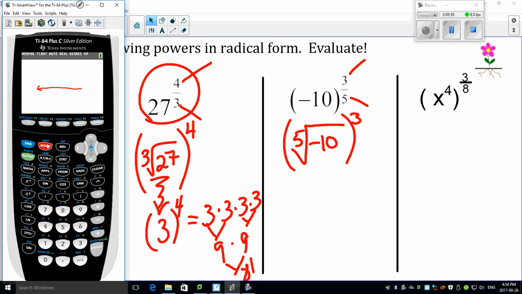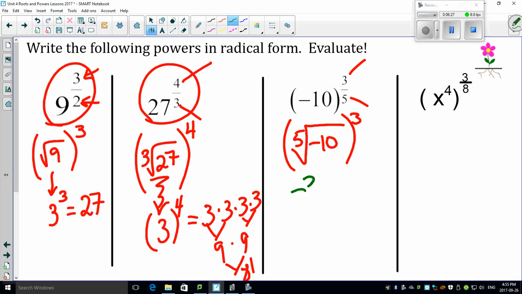We have to put in the 5th root, which is 5, then hit math, then hit this guy right down here, mouse down to him, boom, and then put in negative 10, get an answer for that, which is going to give you something ugly, and then raise that whole thing, your answer, to the power of 3. Oh my goodness. Okay, giving you negative 3.98. So this is going to, in fact, give you a decimal. Negative 3.98. That's just ugly.